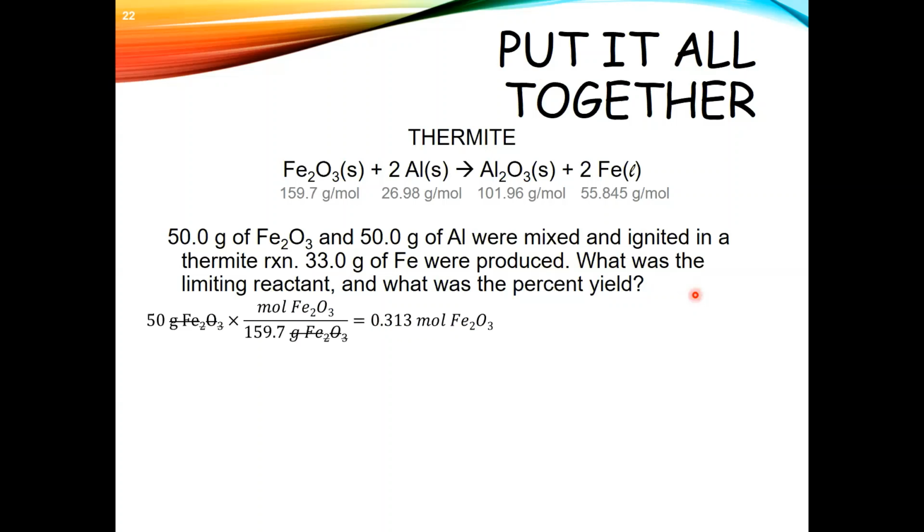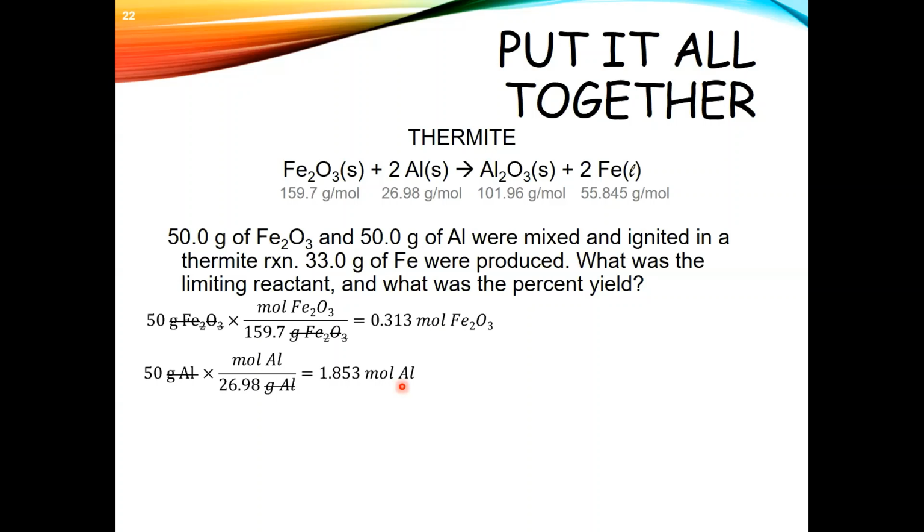Okay, so the first thing we're going to do is figure out how many moles of rust were present, how many moles of aluminum are present here. Okay, and as you can see, there are 0.313 moles of rust present, and there are 1.853 moles of aluminum.